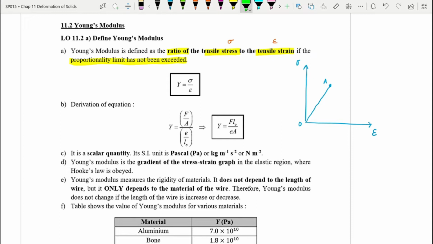Young's modulus, denoted by the symbol capital Y, is the ratio between stress and strain. We know the unit of stress is Pascal and strain has no unit.